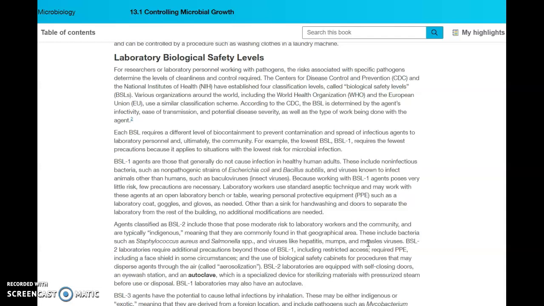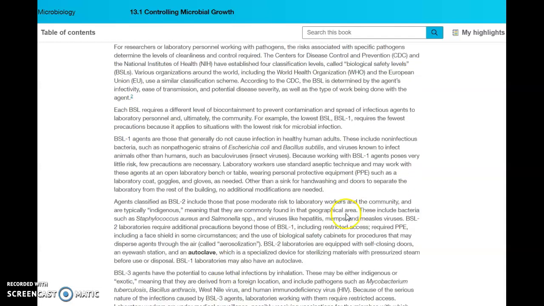Things like E. coli. In BSL 1, we practice aseptic technique. We can be out on an open bench or table. We don't need a hood. We can wear gloves. We can wear goggles. But really, there's not any other precautions that have to be taken.